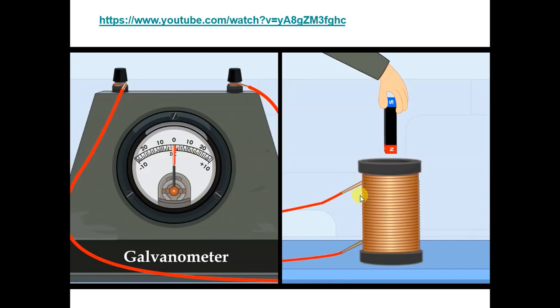Okay, so this shows that the motion of the magnet produces current, but not always in the same direction. It depends on the motion of the magnet. If the magnet moves in, the current will move in a specific direction. When it moves out, the current will move in the opposite direction.